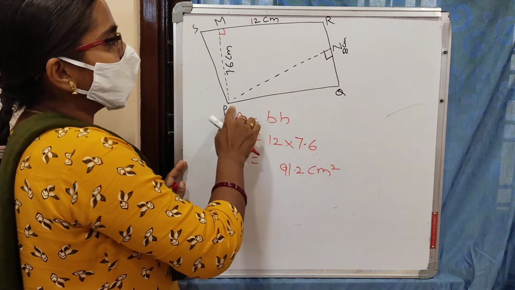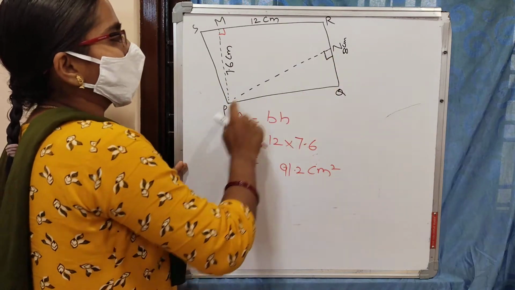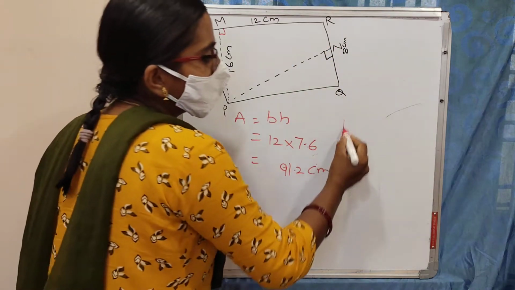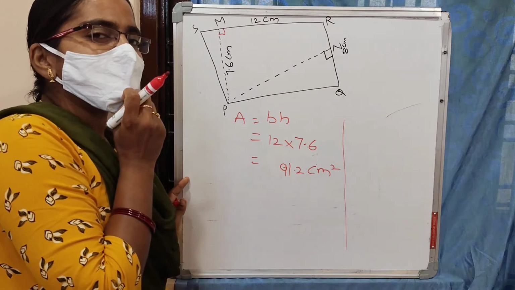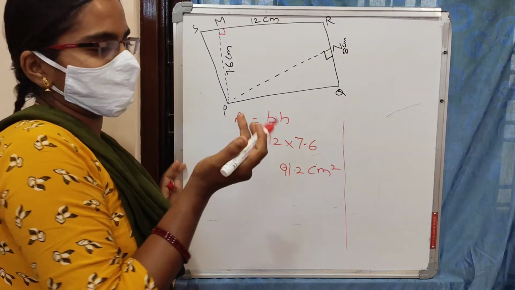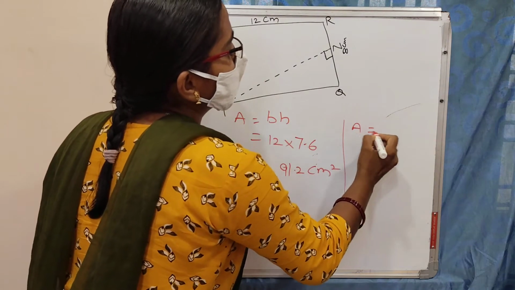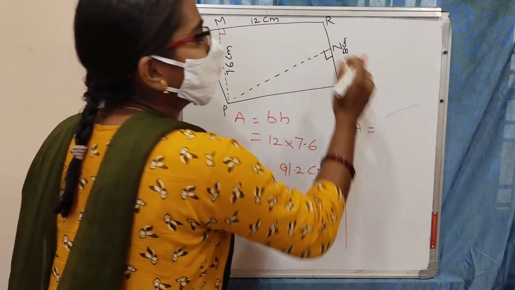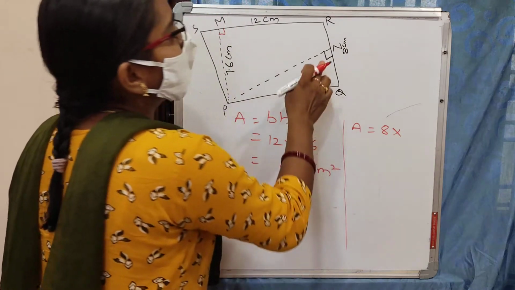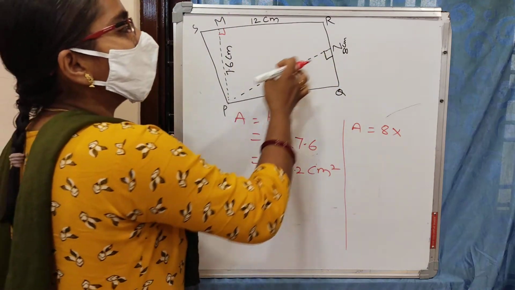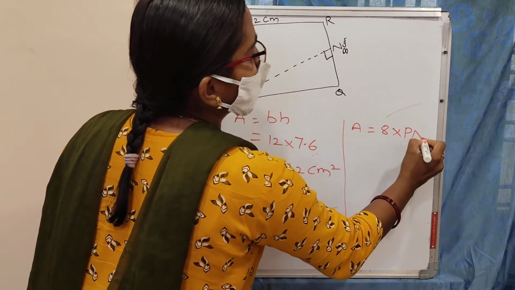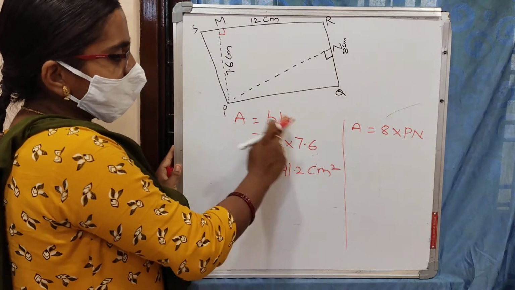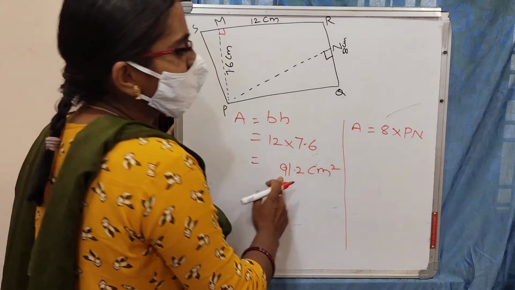And next we have to find the length of PN. We know that the area of a parallelogram is base into height. Now I am taking RQ as the base. The base is 8, into the height, because this is the 90 degrees line, so PN becomes the height. We don't know PN, but we know the area, 91.2.